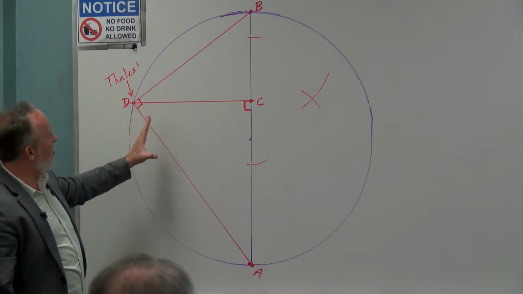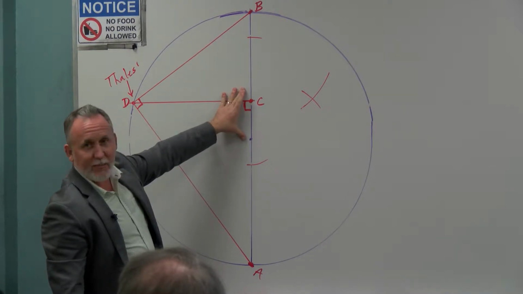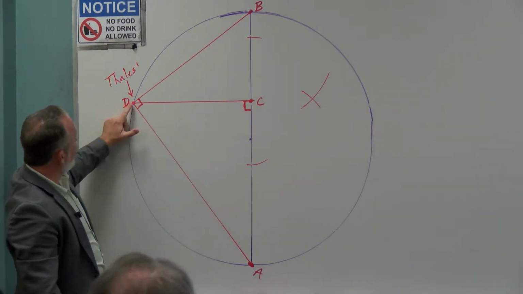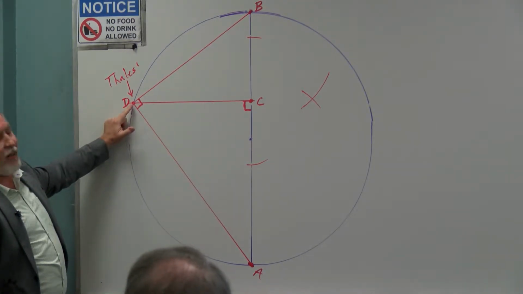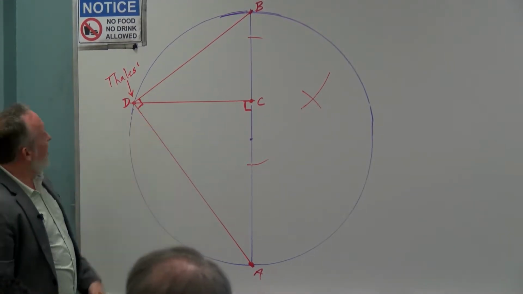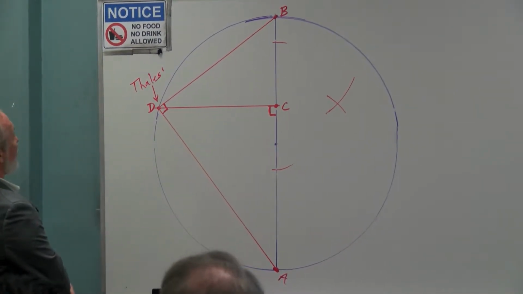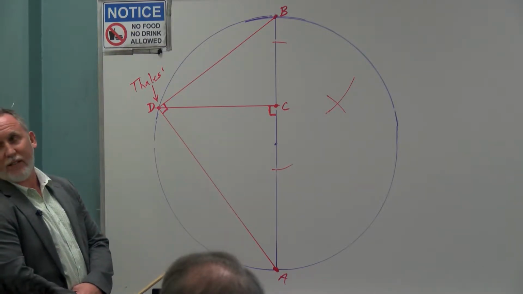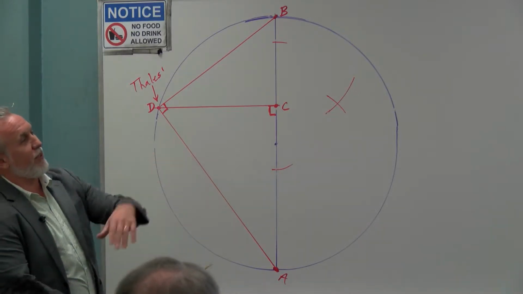So if you inscribe a triangle with one of the sides being the diameter and the peak of the triangle being on the circle, then this angle is a right angle. That's just a theorem. And so now we have a right triangle. And we're just going to use basic ideas about triangles and similar triangles in order to complete the construction here.